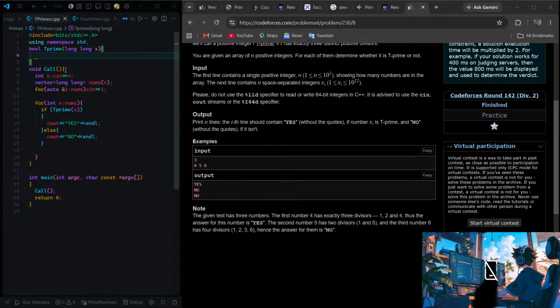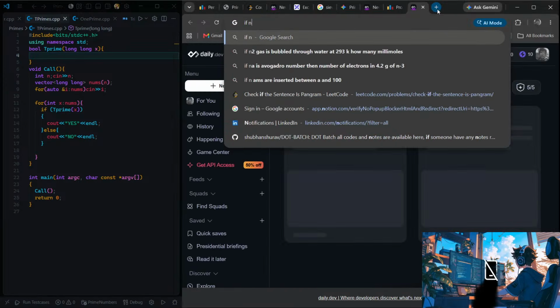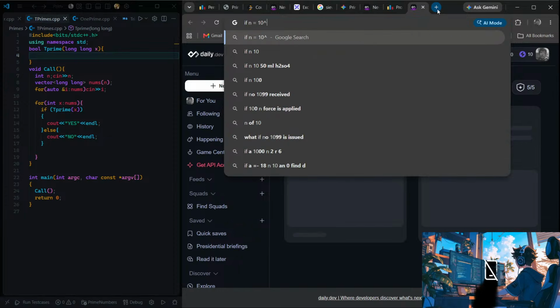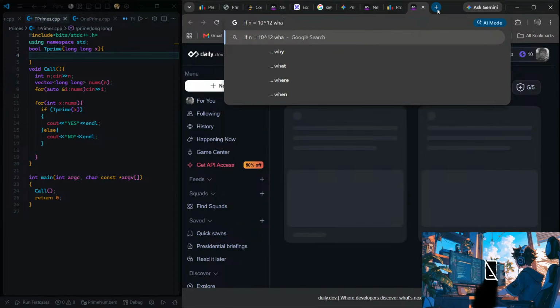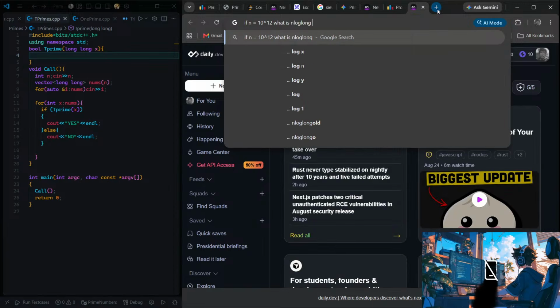If that number is 10 to the power 12, then what is n log n? If n is equal to 10 raised to power 12, what is the n log n value?